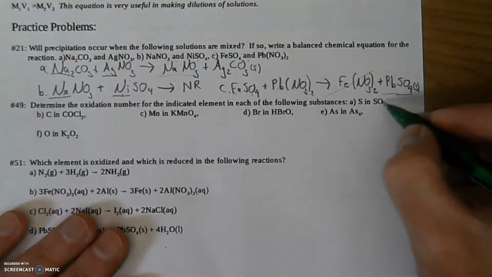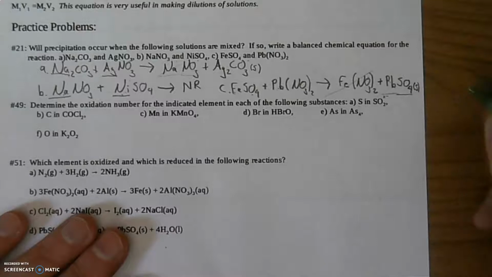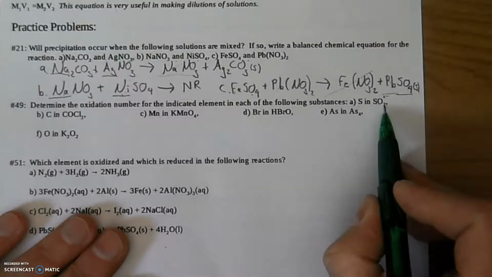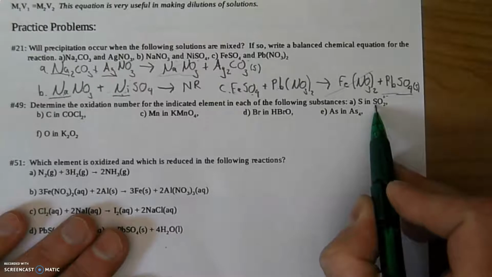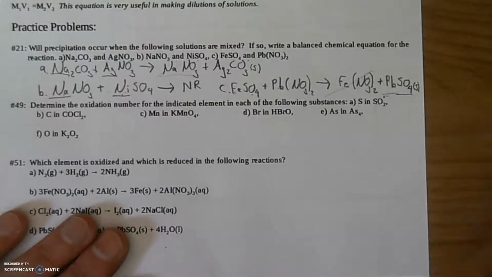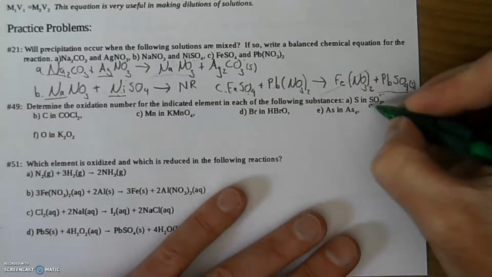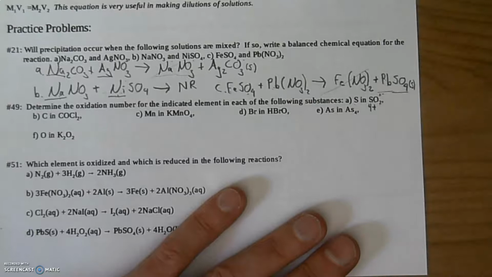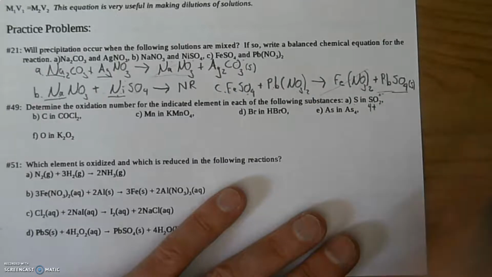For example, oxygen is generally 2- for each one. So if this is 2- and I have two of them, it's -4. Sulfur does vary for its oxidation number. So in this particular case, sulfur is going to be 4+. Sulfur is 4+, oxygen is 2- each.